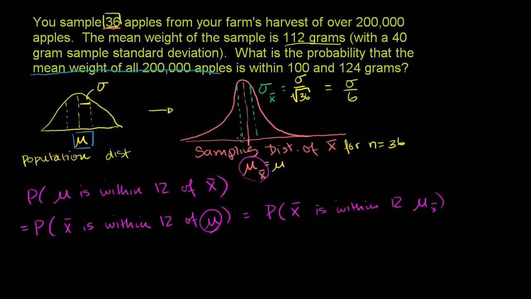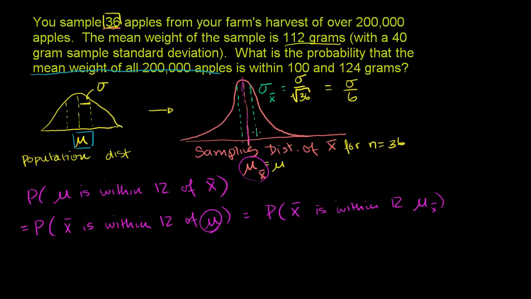At this point, your brain should be ringing that, gee, if I could figure out how many standard deviations away that is on this distribution, I can then use the z-table to actually figure out the probability. And that's exactly what we're going to do.